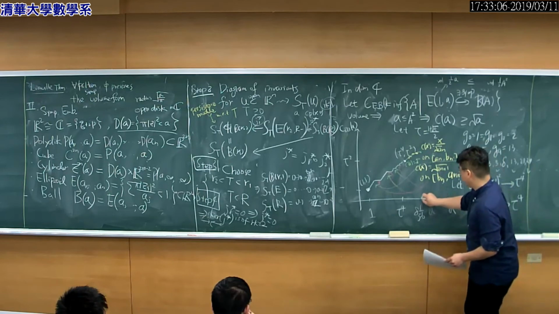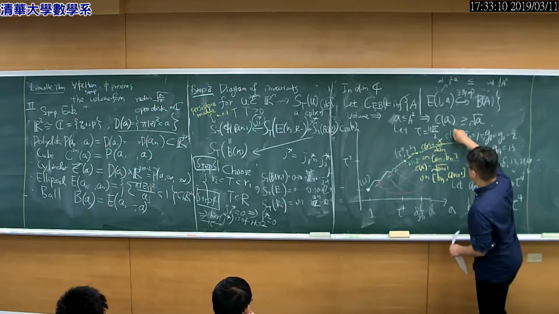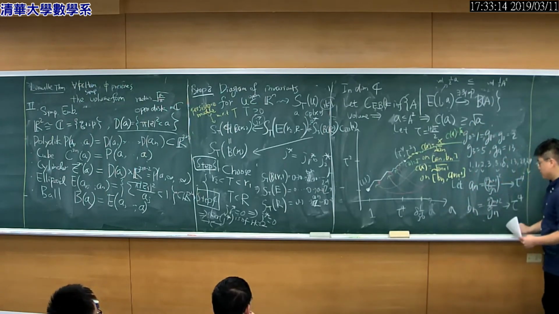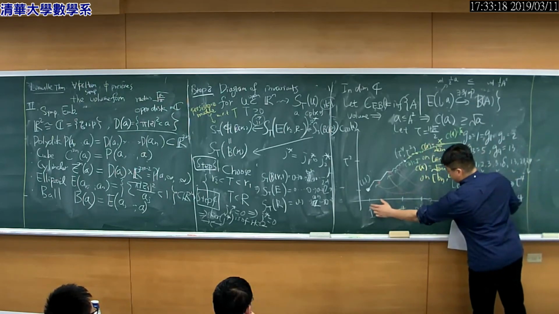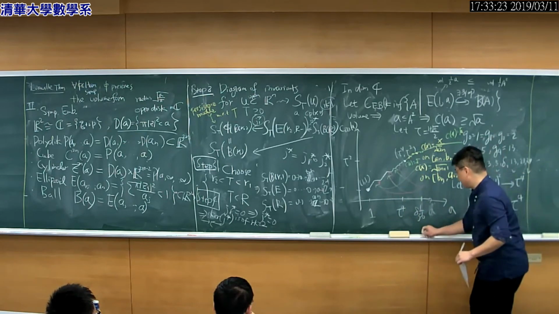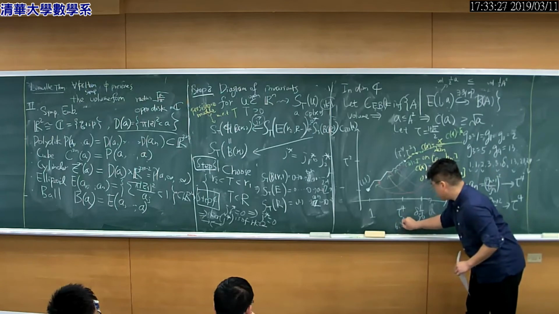And after this point, it's completely the volume lower bound. So the only obstruction happens in the interval 1 and 8 plus something. This is 6.8 something. Okay?